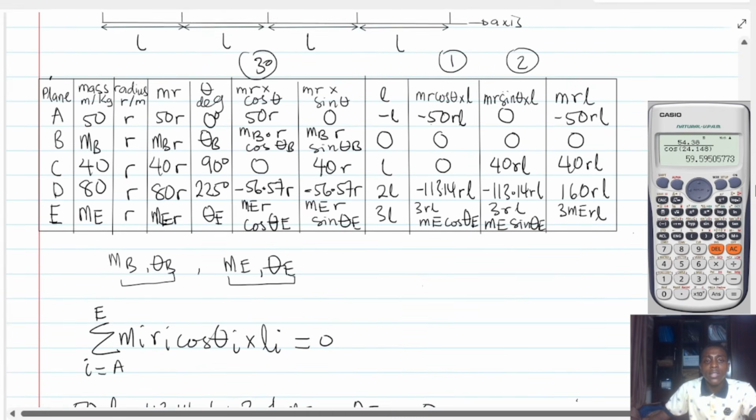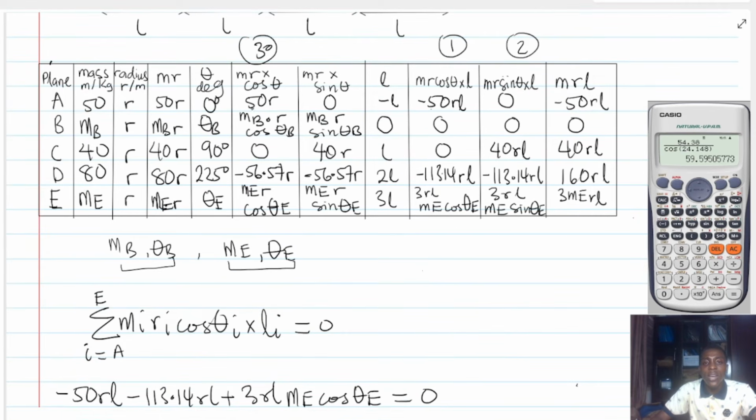Is that right? Yes. So basically, we have summed everything in this column.